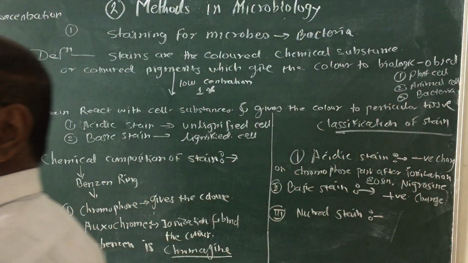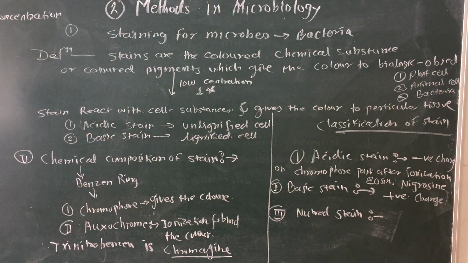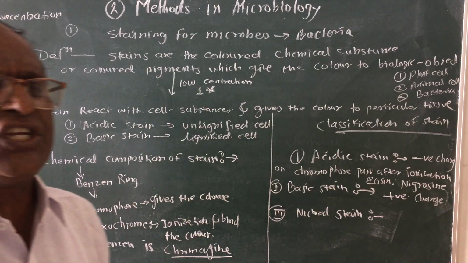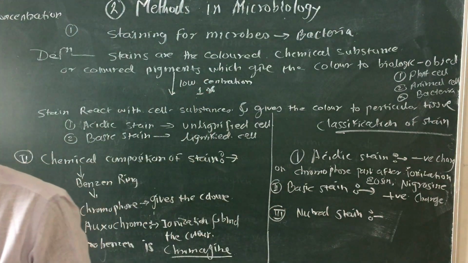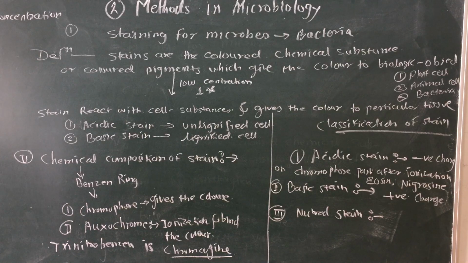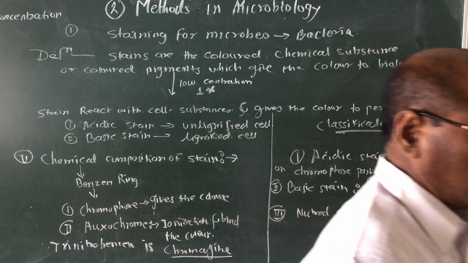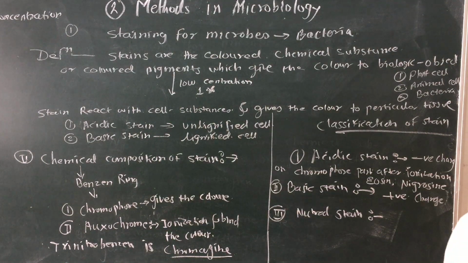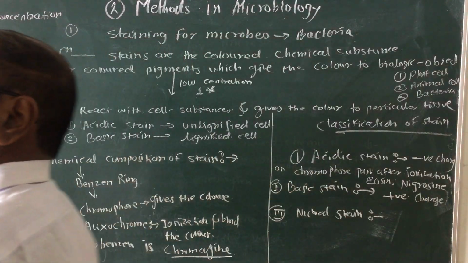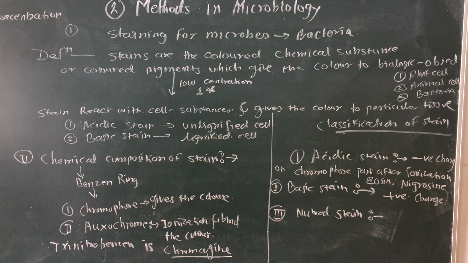While the next type, the basic stain, is positively charged on the chromophore after ionization. For example, methylene blue. The methylene blue chemically consists of methylene plus chloride.